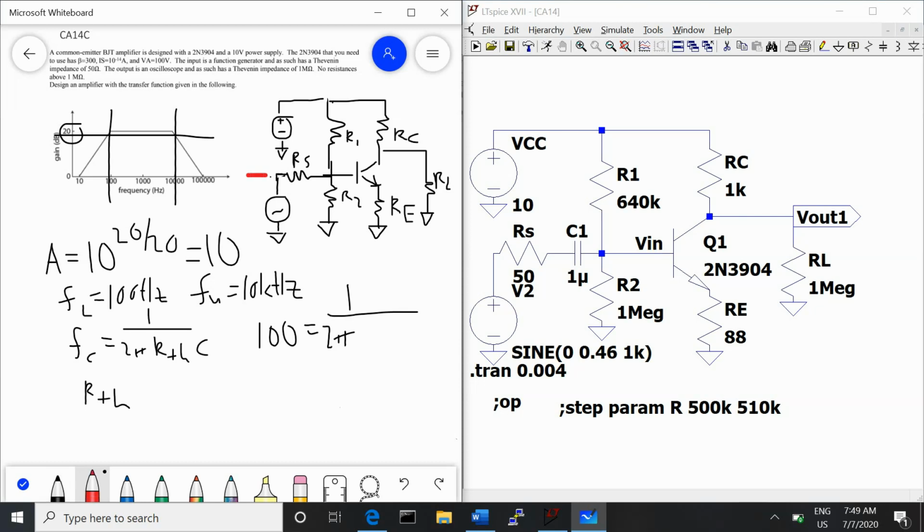And R Thevenin is looking into here for the input side for the lower corner frequency. So that's going to be Rs, which is 50, plus the parallel combination of R1, R2, and the input into the amplifier.